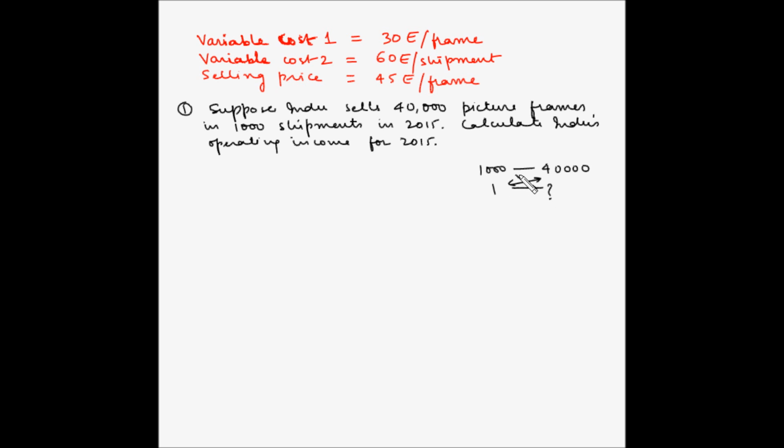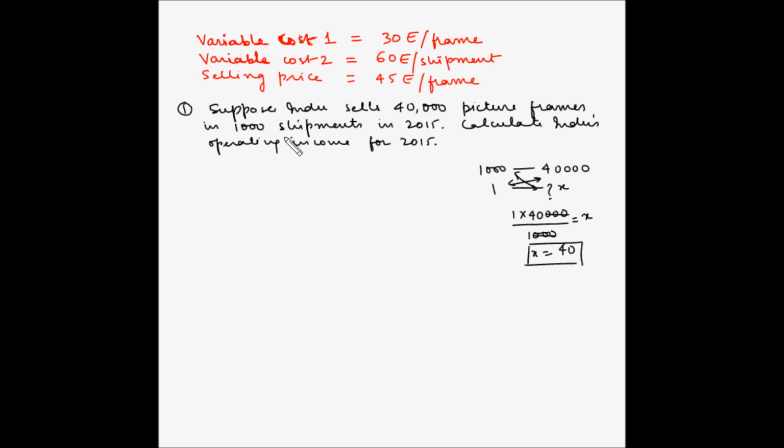So cross multiplication, 1 multiplied by 40,000 divided by 1,000 is equal to x. Let's say this is x. So x is equal to, these three zeros get cancelled with these three zeros, so x is equal to 40.